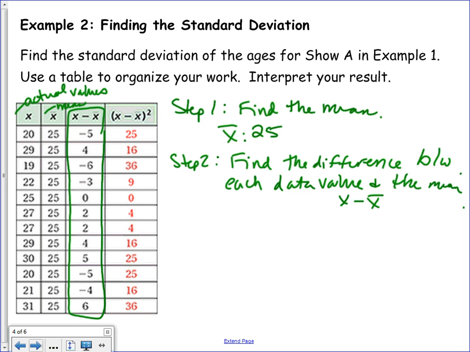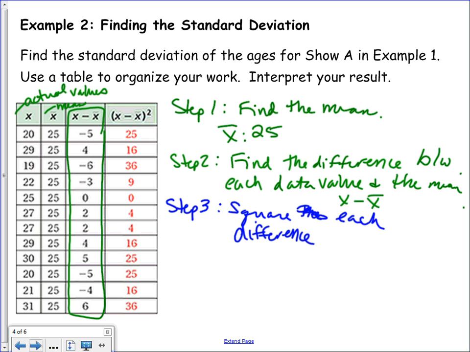All right, now in step 3, we're squaring the difference. Not the difference, square each difference. So that's this last column here. Okay, so this was step 3.